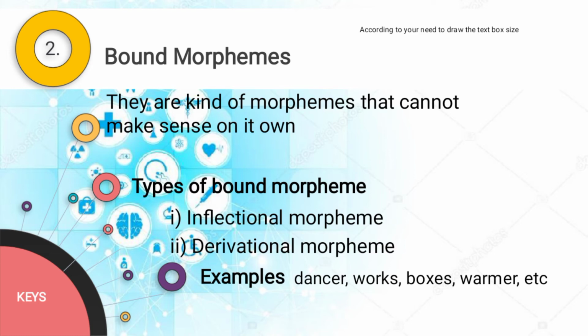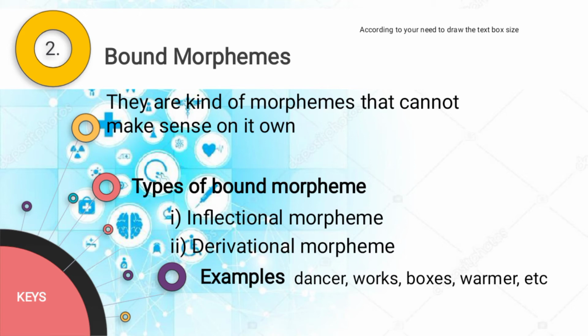We now move on to the types of bound morpheme. In the types of bound morpheme, we have inflectional morpheme and derivational morpheme. With inflectional morpheme, this is a morpheme which is attached to words to make a sentence conform to the rules of grammar.